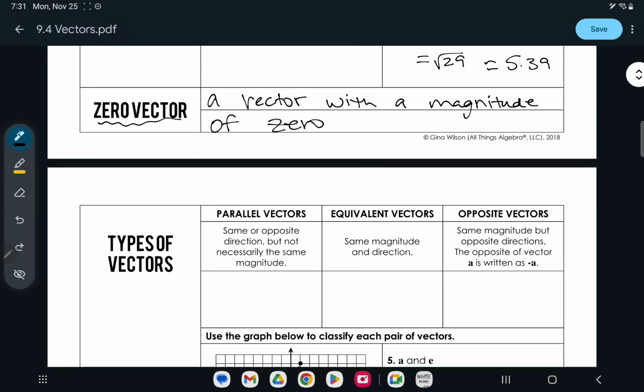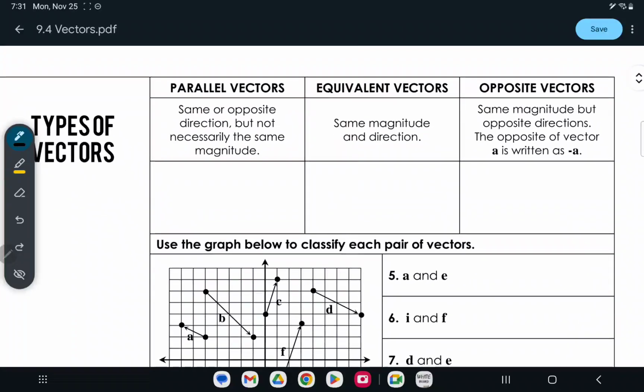And then we have some different types of vectors. We could have parallel vectors, so same or opposite direction, but not necessarily the same magnitude. So I could have vector A, and I could have vector B, where A is parallel to B. Equal vectors have the same magnitude and direction, so I could have vector M and vector N. So that just means M equals N. And opposite vectors.